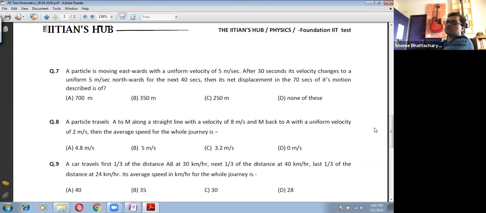Then he goes north at 5 meters per second for 40 seconds. So he goes 200 meters north. So your net displacement is actually the sum of a displacement of 150 meters east and 200 meters north.